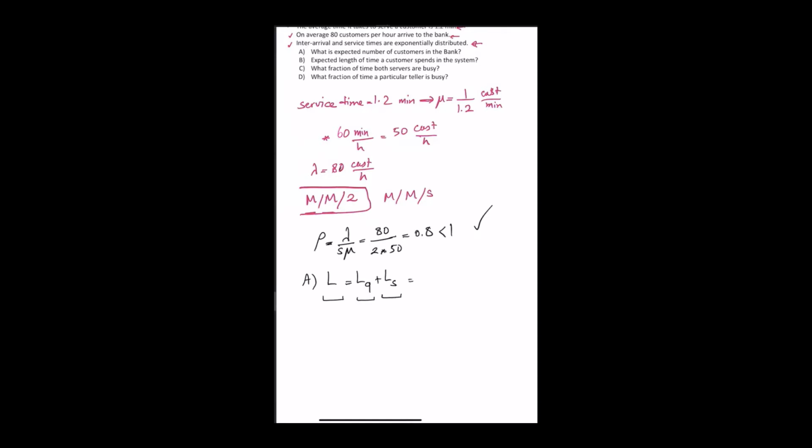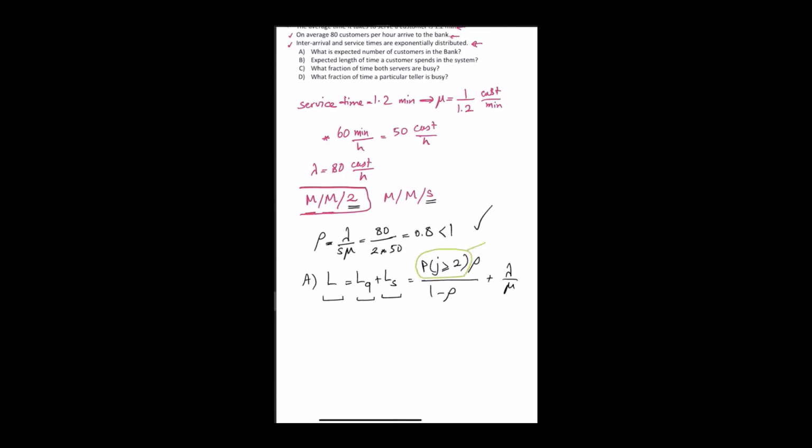Lq equals probability of J greater than or equal to S, S in this system equals 2, so that's probability of J greater than or equal to 2, times rho over 1 minus rho, and Ls equals lambda over mu. To be able to answer this, I have to find this part first.